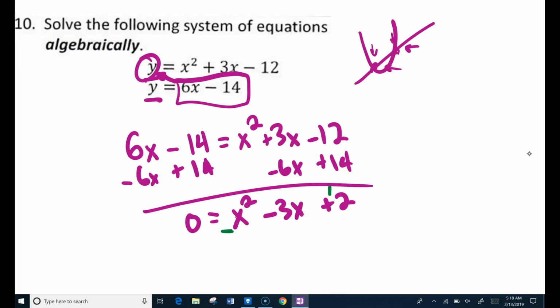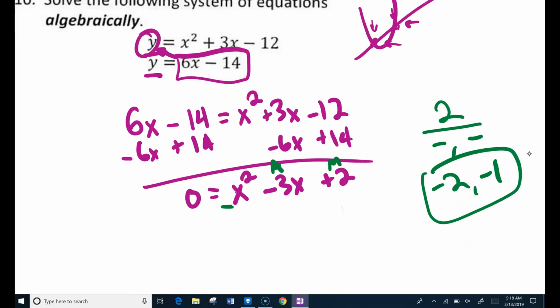I ask myself what multiplies to positive 2, but adds to negative 3. Now, if you think about that, if they need to add to negative 3, both of the factors for 2 need to be negative to ensure that they multiply to a positive but add to a negative. So it looks like negative 2 and negative 1 are the only pair that works here.